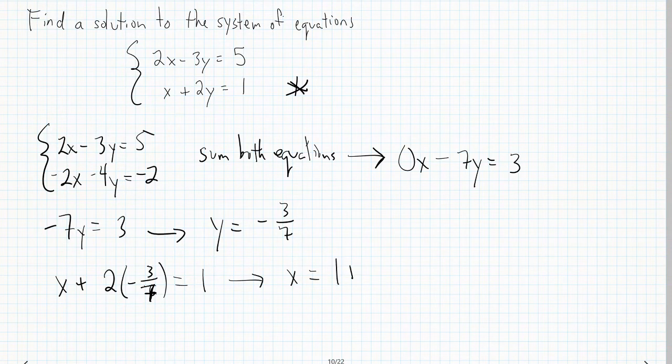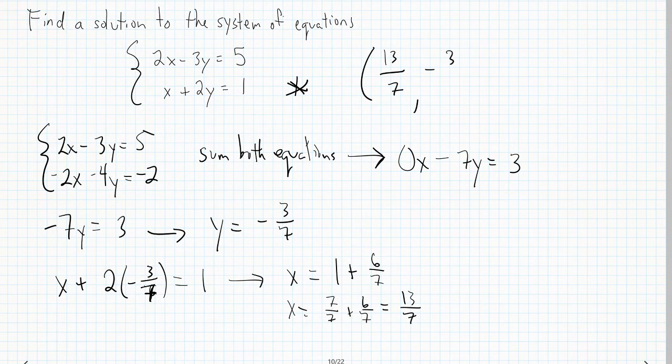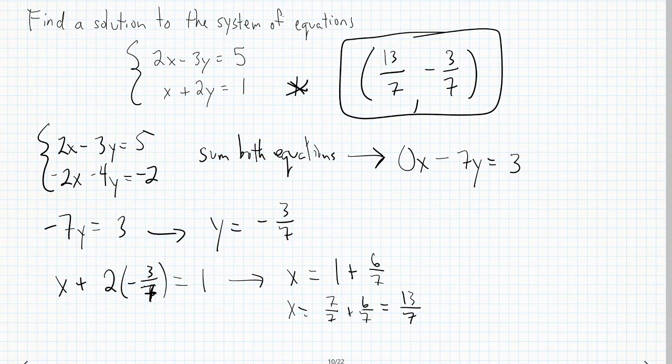So x equals 1 plus 6 over 7. So 1 is 7 over 7. So 7 over 7 plus 6 over 7 equals 13 over 7. So that means the solution to this, our x value was 13 over 7, and our y value was negative 3 over 7. And we have our desired solution right there.